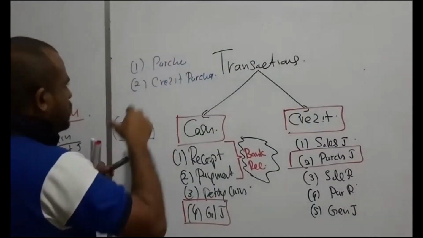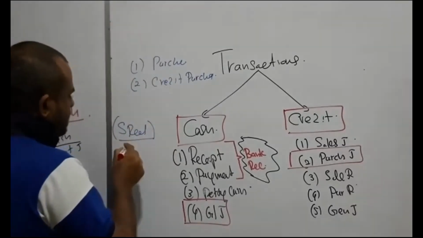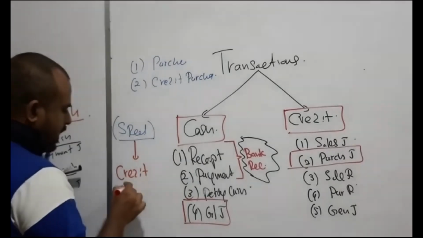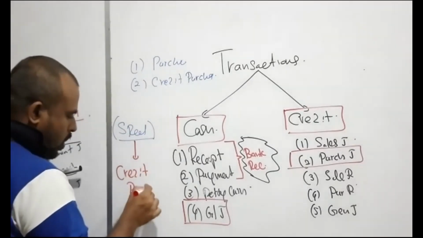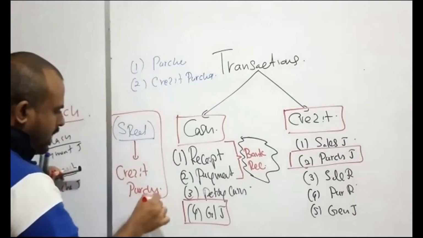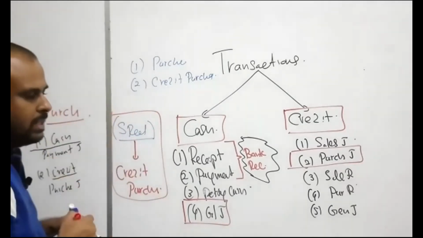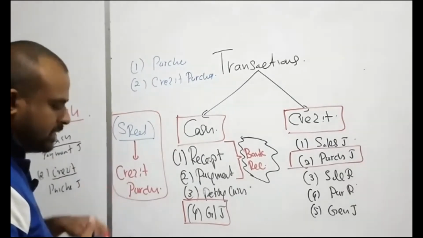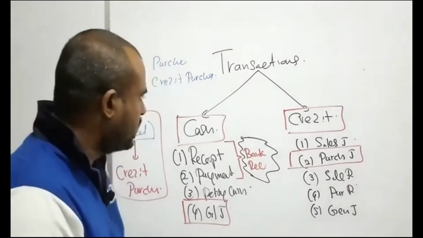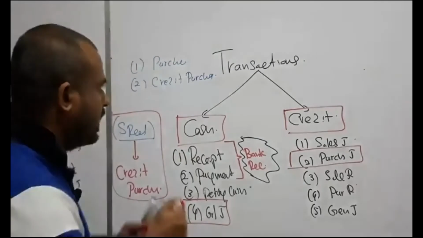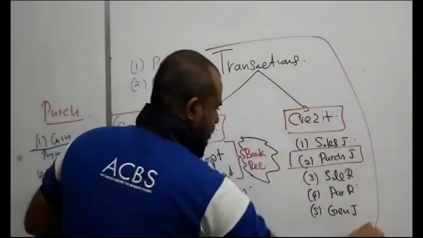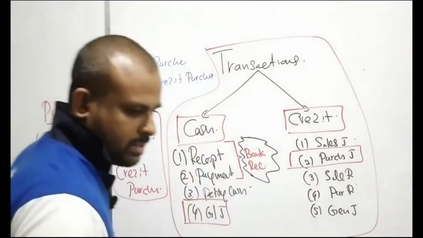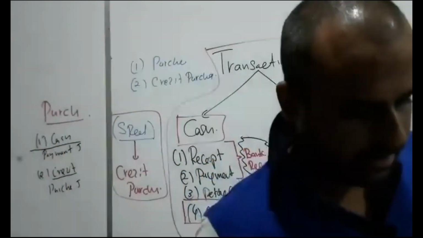Purchases journal is a special journal in which you record all the credit purchases. So we can define what the purchases journal is. Just take a quick note of this.